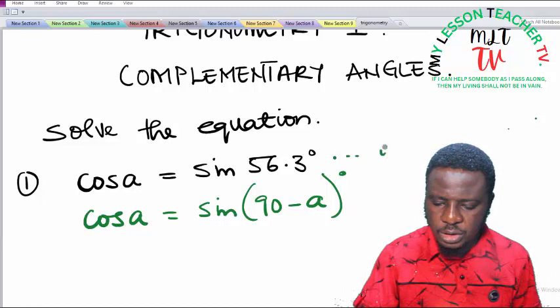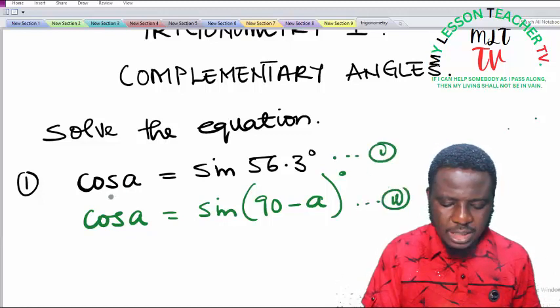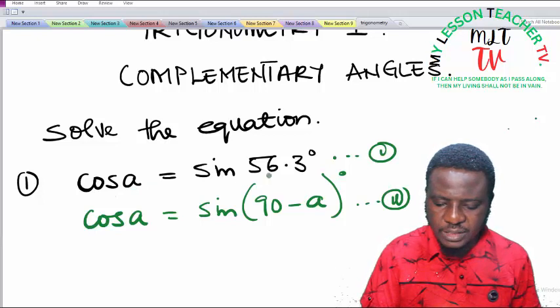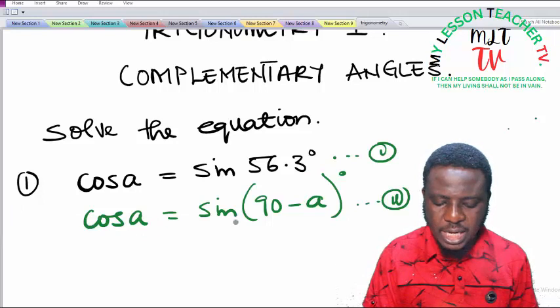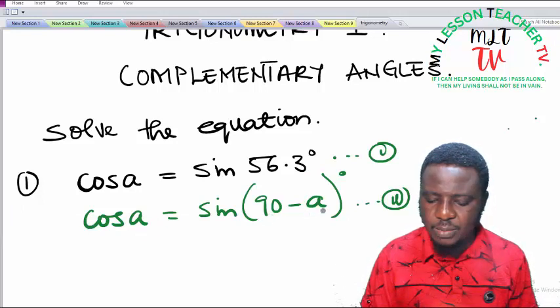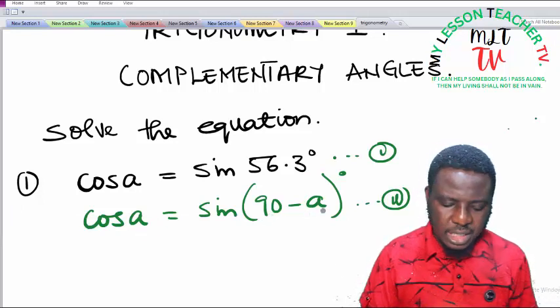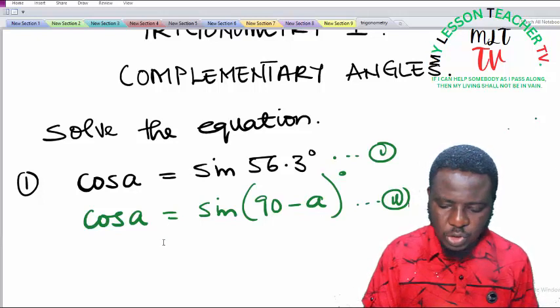If we call this equation 1 and this equation 2, equation 1 is stating that cos A is equal to sine 56.3, and equation 2 is saying cos A is equal to sine 90 minus A. That means that equation 1 is equal to equation 2.